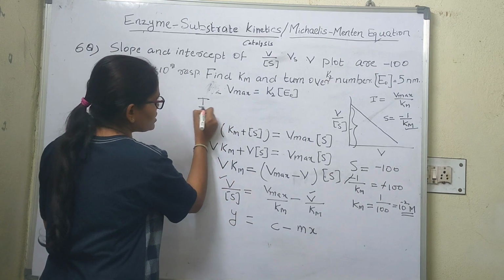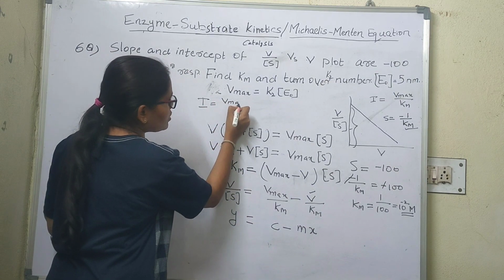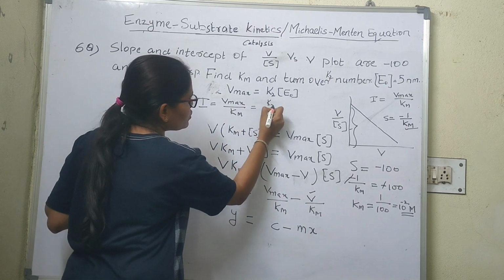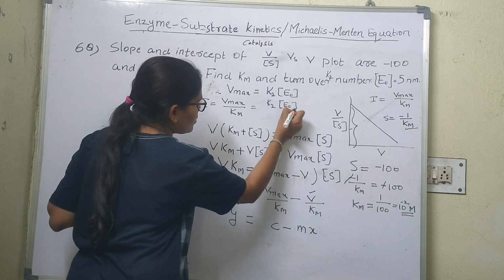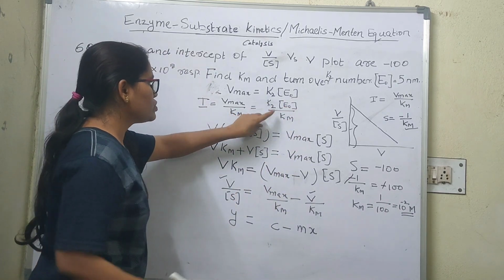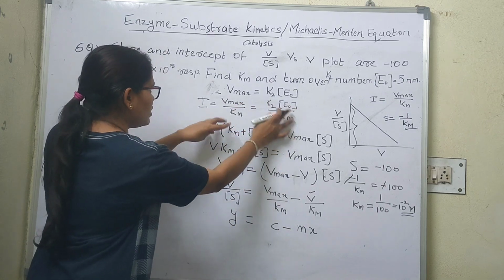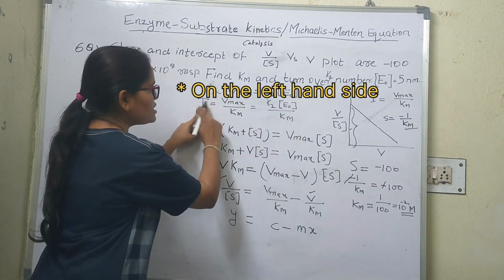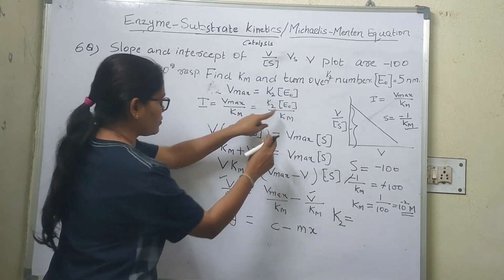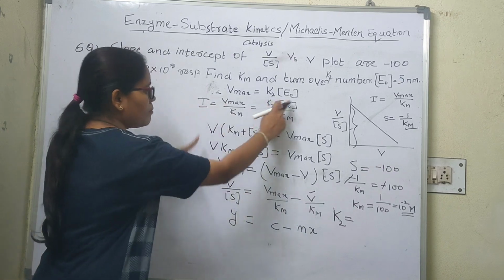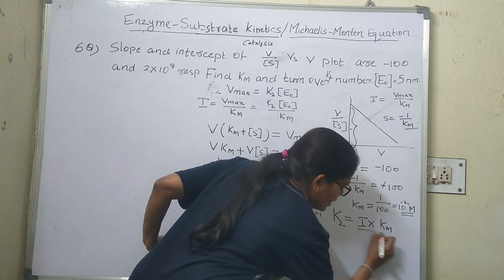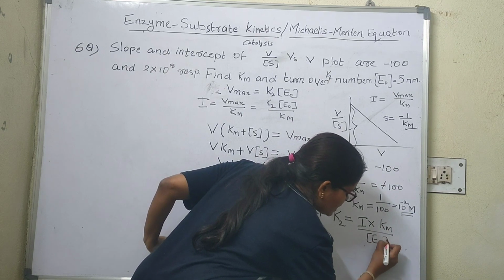Intercept is V max by Km, so V max is K2 into E0 by Km. Now from here I can find out K2. If I take Km and E0 to the other side, K2 will be equal to I into Km by E0, that is intercept into Km by the initial concentration of the enzyme.